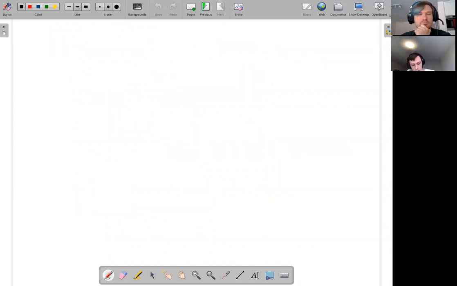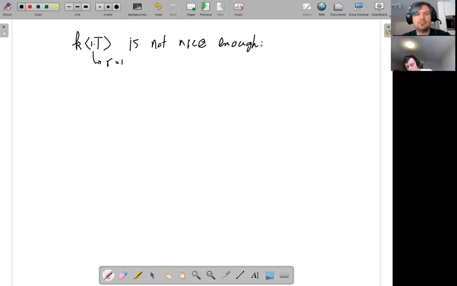So now, the thing we need to remark though is that if we just work with this definition, so here there's really an r equals 1, but I will not write it. This is not nice enough, let's say. So you need to do something technical, which is uniformize.